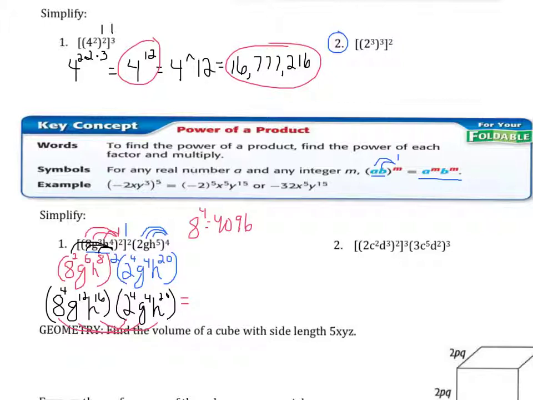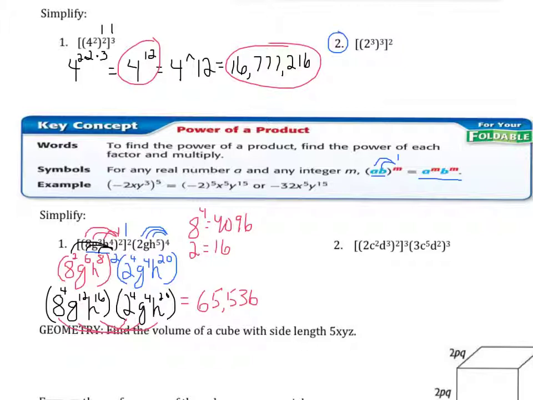And 2 to the 4th is the same as 16. Okay, so we're just going to multiply those together, and that will give us our final answer for the coefficients of 65,536.